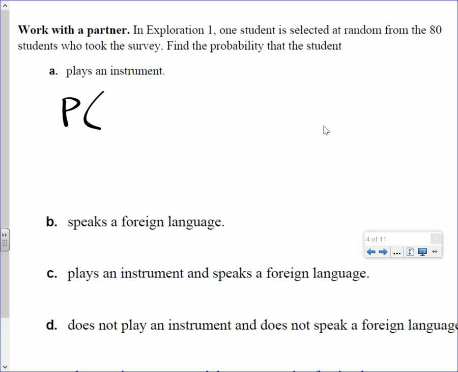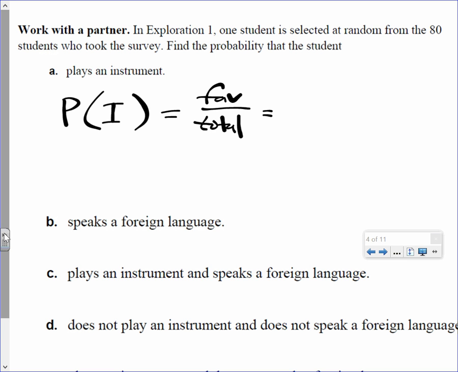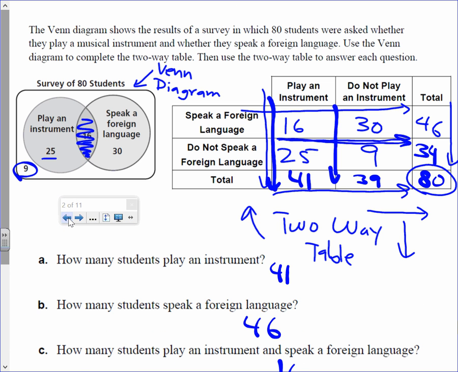Put probability, instrument. Let's see, what should I put in parentheses to represent instrument? I'll just put an I. What's the probability if I randomly picked a student from the 80 students surveyed that they played an instrument? Well, that's simple. Remember favorable outcomes over total outcomes? So in this case, let's see how many played an instrument. Is it 41? 25 plus 16 is 41.